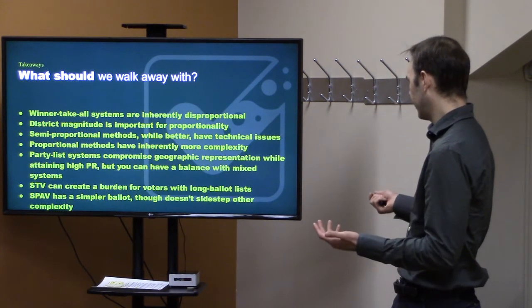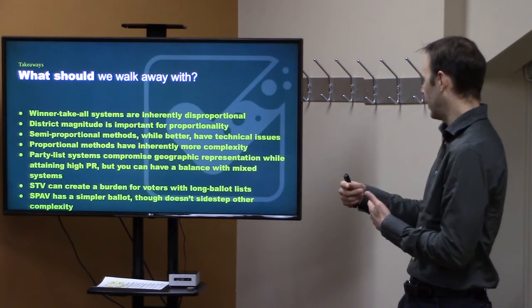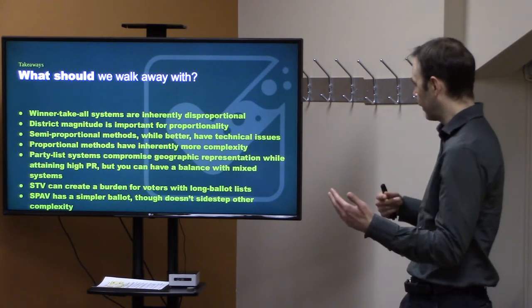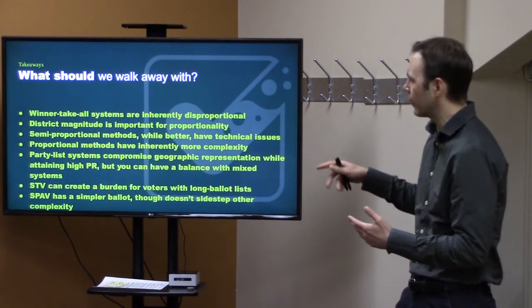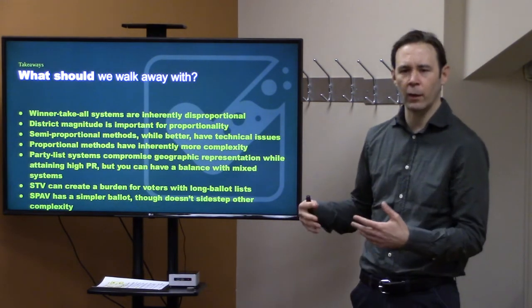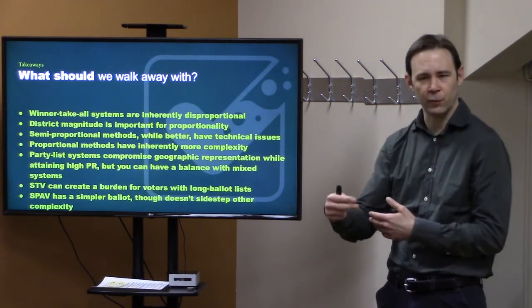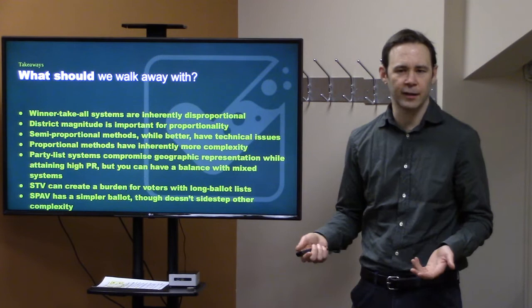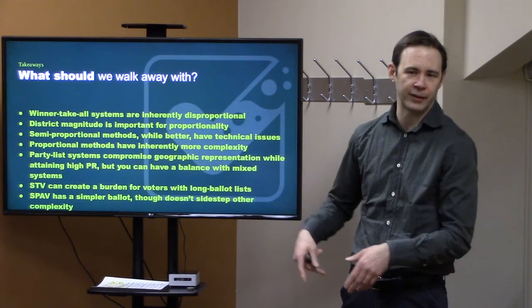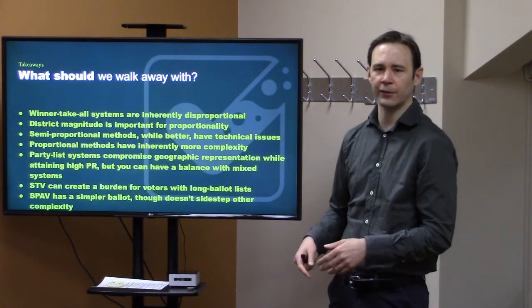So with party list systems, you can also get a lot of proportional representation. Part of the reason party list systems tend to do really well is because they interact with district magnitude. When you see party list systems in European countries, they're electing the whole place. They've got their entire parliament that they're electing at the same time.